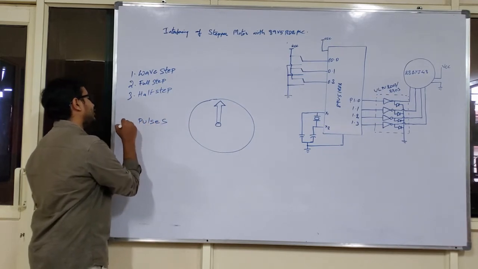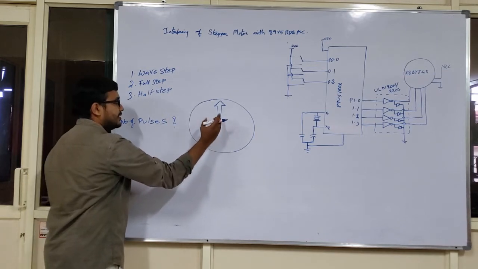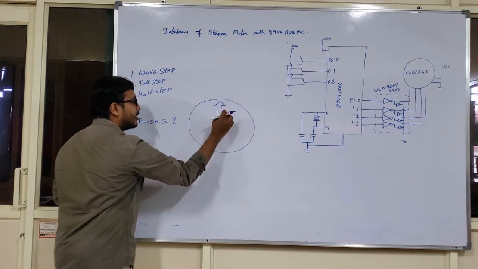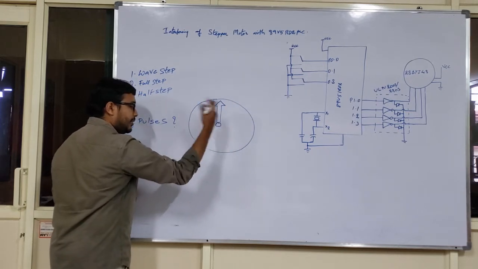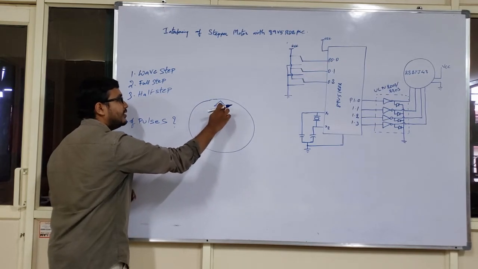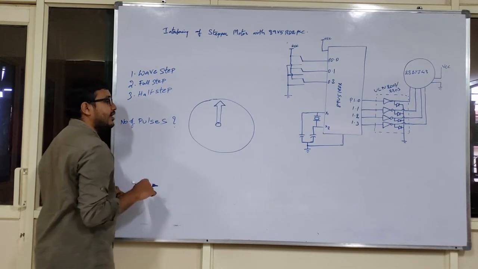So how many pulses does the shaft have to receive, such that by fixed increments like 1, 2, 3, 4, up to many fixed increments, it will be completing the angular displacement of 360 degrees? That means how many pulses do I require?